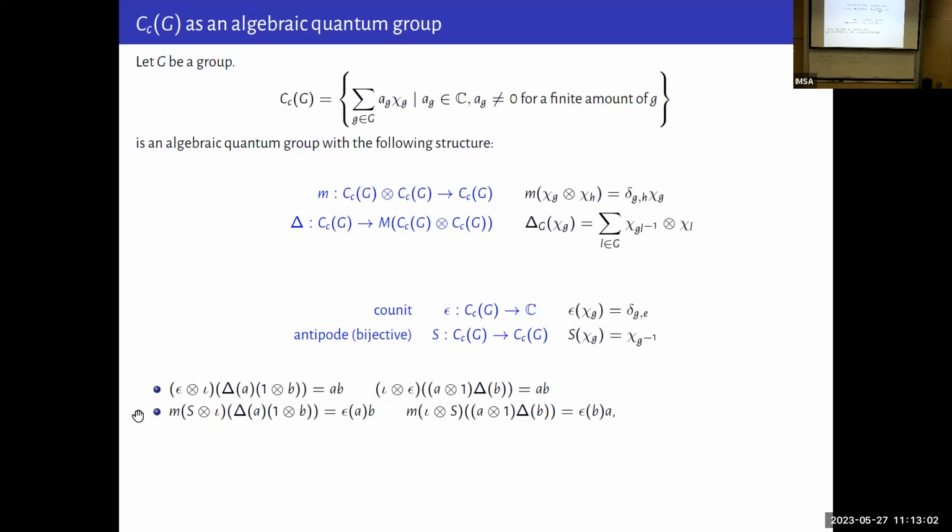Note that if our algebra is unital, we can put B equal to the unit, and we recover the condition for the co-unit of the co-algebra. Similar here, I can put A equal to the unit of the algebra. This is just the condition for the co-unit. The same for the antipode. We have to write the conditions in terms of these elements because of the multiplication taking values in the multiplier algebra.